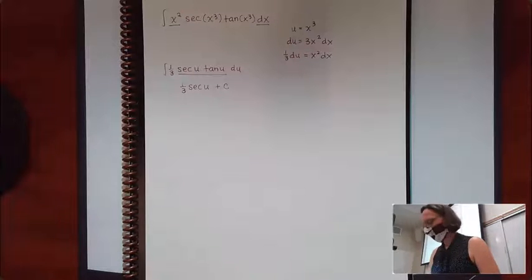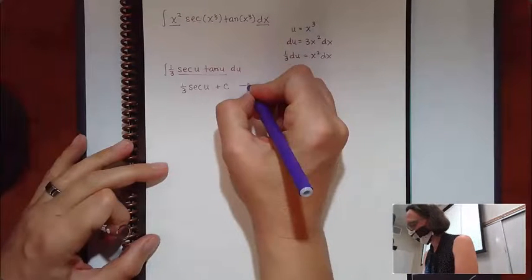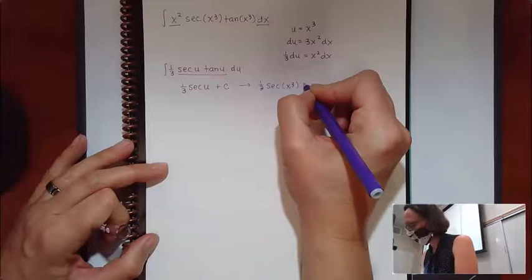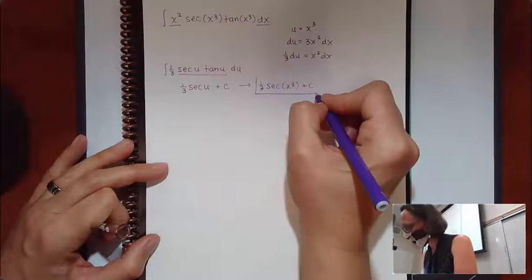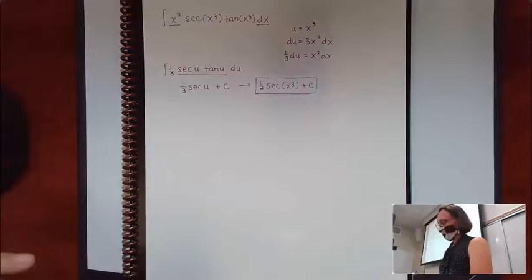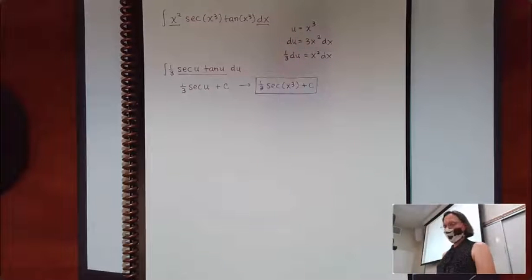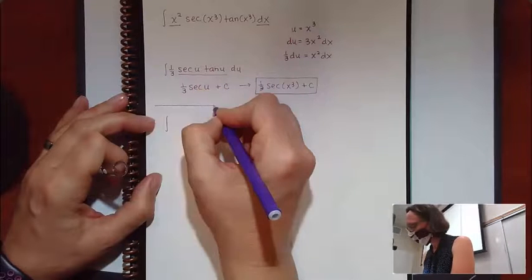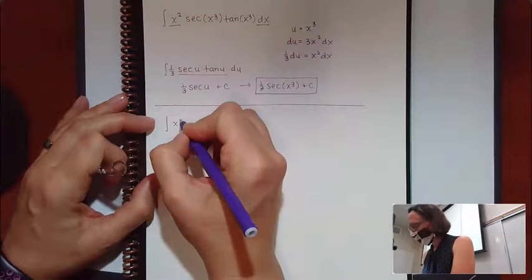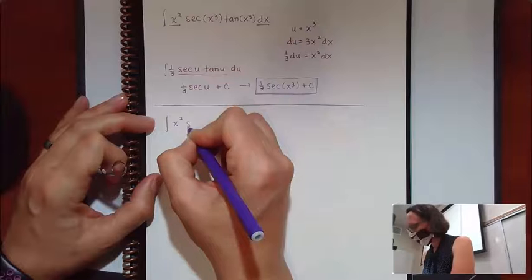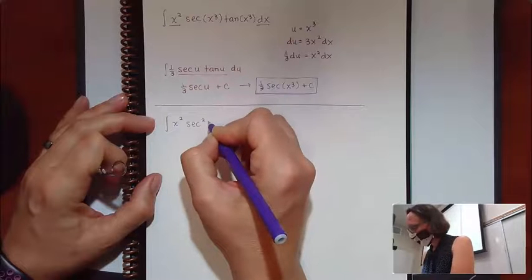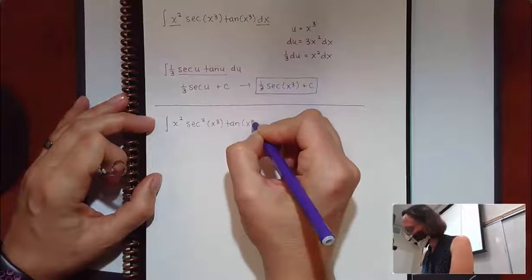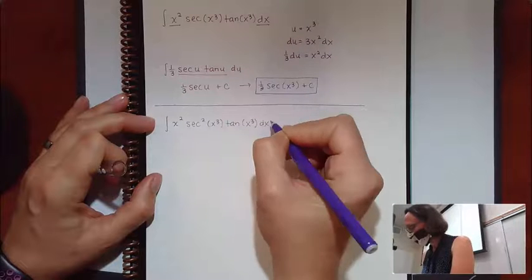And then I want to put my final answer back into x's because I like to get all my points on a problem whenever I can. Now, if I change this problem up slightly, so that it says x squared secant squared x cubed tangent x cubed dx.